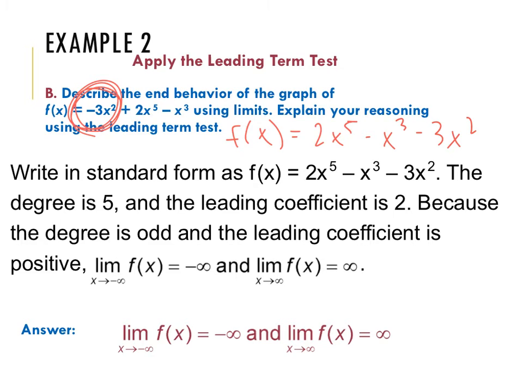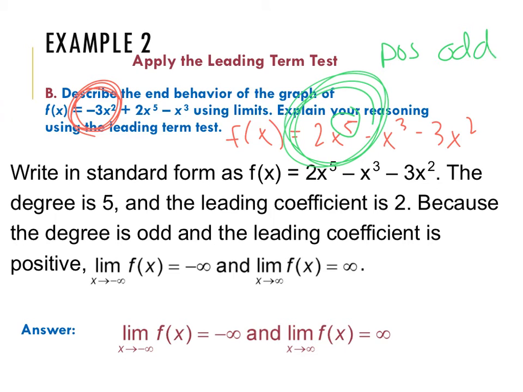So when I do this, now that it's in standard form, meaning the highest exponent is in the beginning, I'm really just looking at this term. It looks like my leading coefficient is positive, and it looks like my exponent is odd.